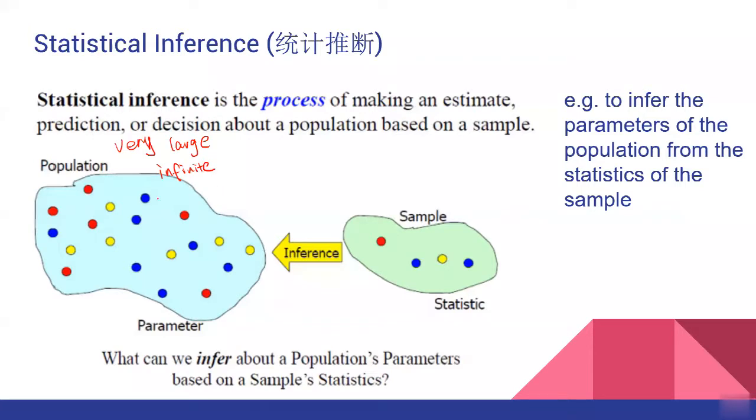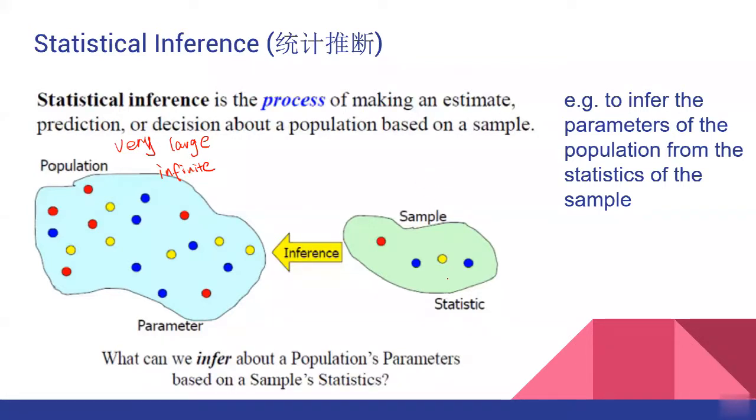So if we want to study the characteristics of the population, sometimes it is impossible to have all the data values here, right? So usually we draw a small set from the population, and this small set is called a sample.